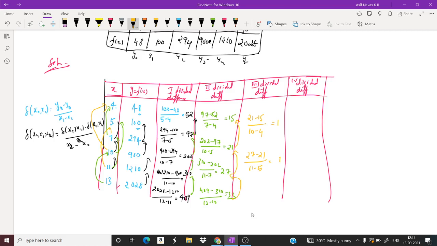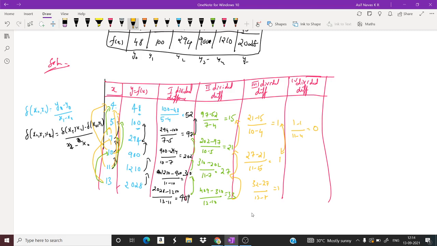Next, 32 minus 27 divided by 13 minus 7. So this is equal to 1. Now the last one, this minus this: 1 minus 1 divided by 11 minus 4.